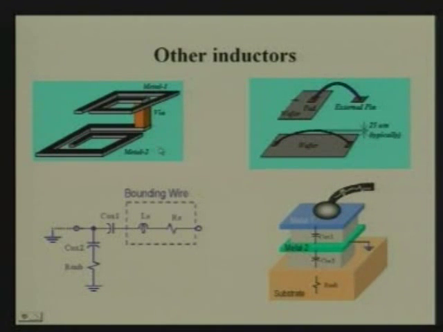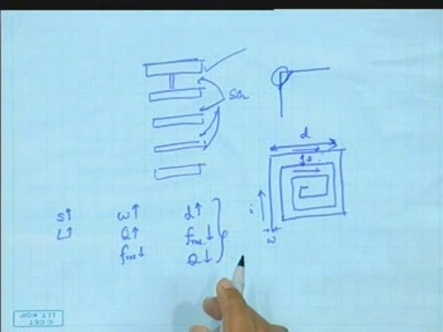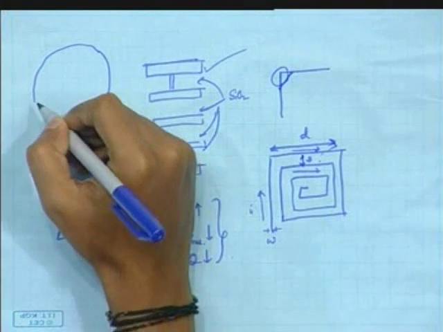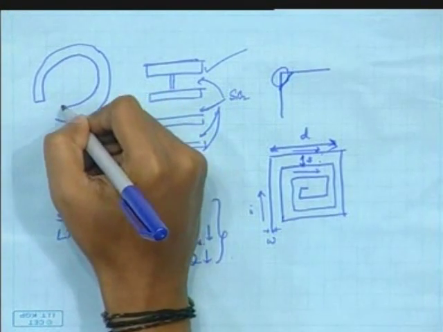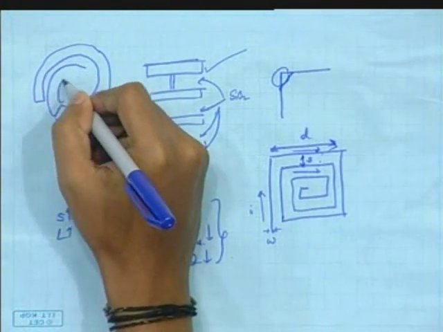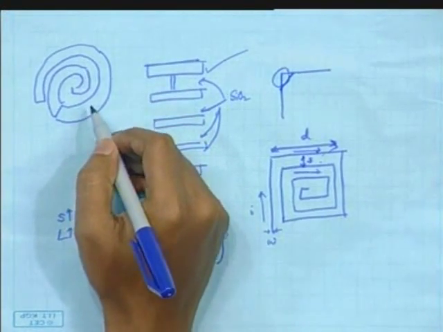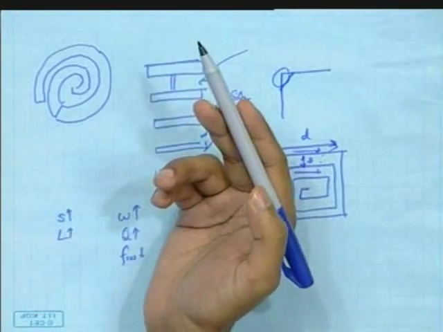Now before coming to some other types of inductors, basically the inductance and quality factor depend upon the losses. There are two kinds of losses in an inductor. First, as I already mentioned, if you have a much larger area of the inductor, then due to the magnetic fields into the substrate, eddy currents will be induced in the substrate. They flow in loops and hence contribute to substrate losses.